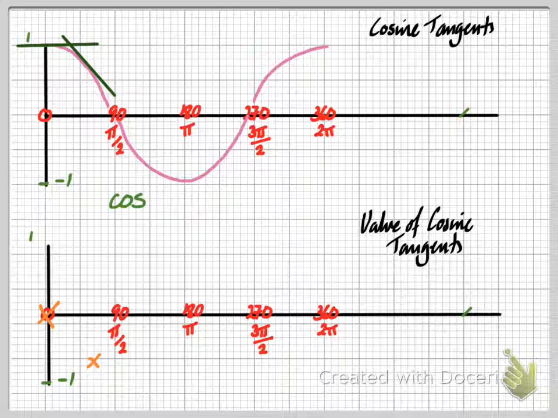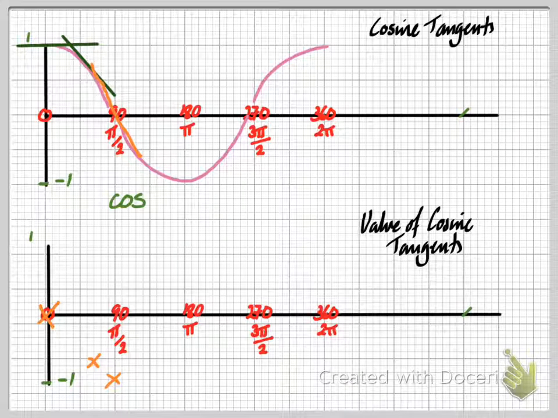Then I'll change colour. We get the maximum downslope, which is there, and the value of that maximum downslope, because it's negative, is minus 1. Okay, so we're going to get a point here.